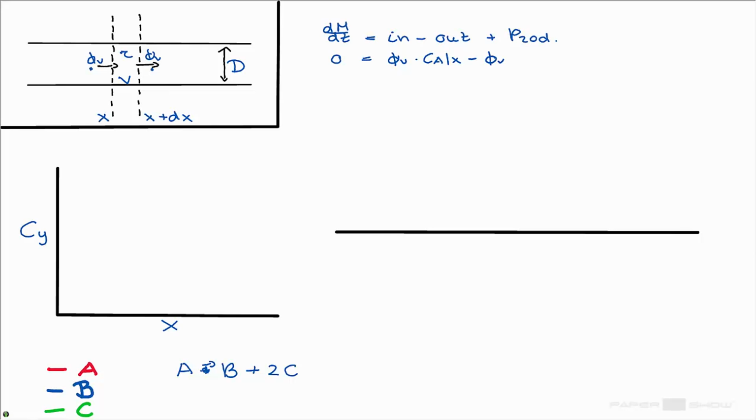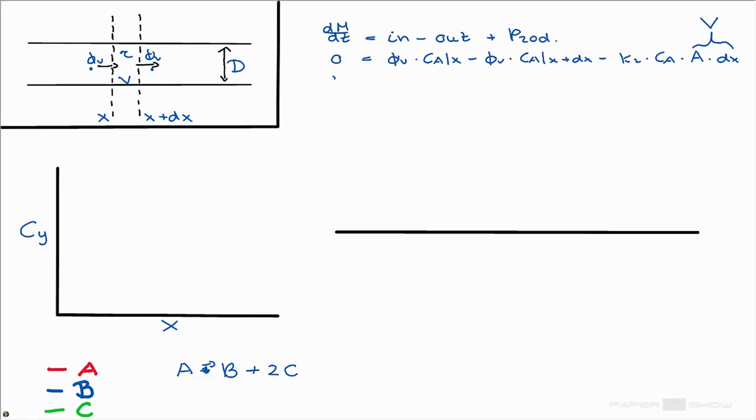Out is the same flow, but another concentration, because it is CA at x plus dx. And the reaction is minus Kr times Ca times A times dx. And actually this is the volume, already split out in area and the width of the slice.